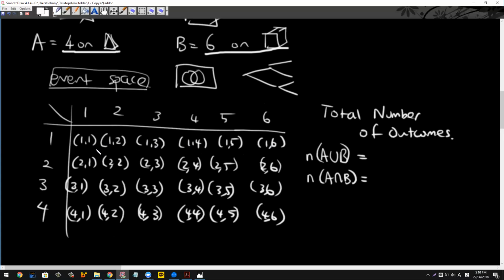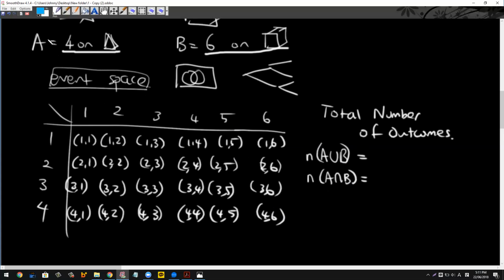So this one is saying this is a 1 on the tetrahedral die and 1 on the cubical die, right? Can you see one outcome that has 4 and 6 on it? Yeah, 4, 6, that's one. That's right. So this one here is a 4, 6. So that's what this is, A and B.